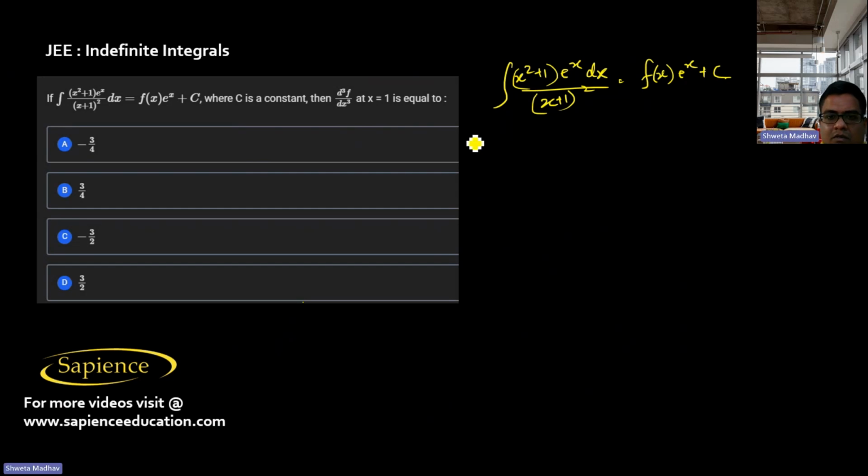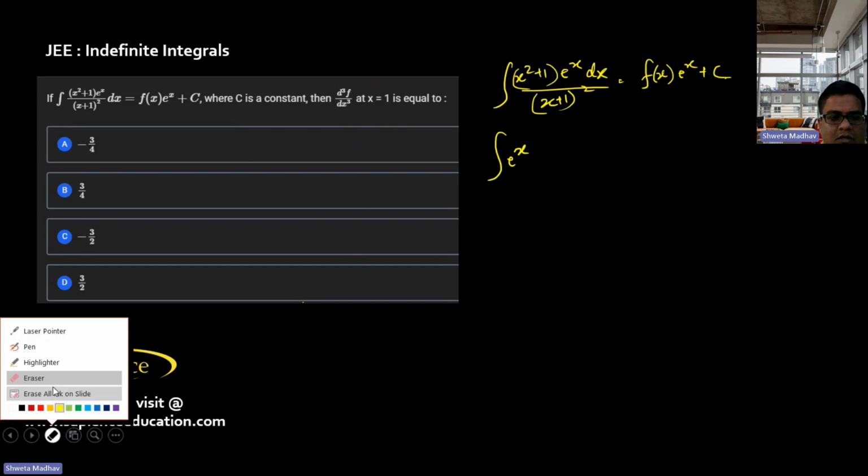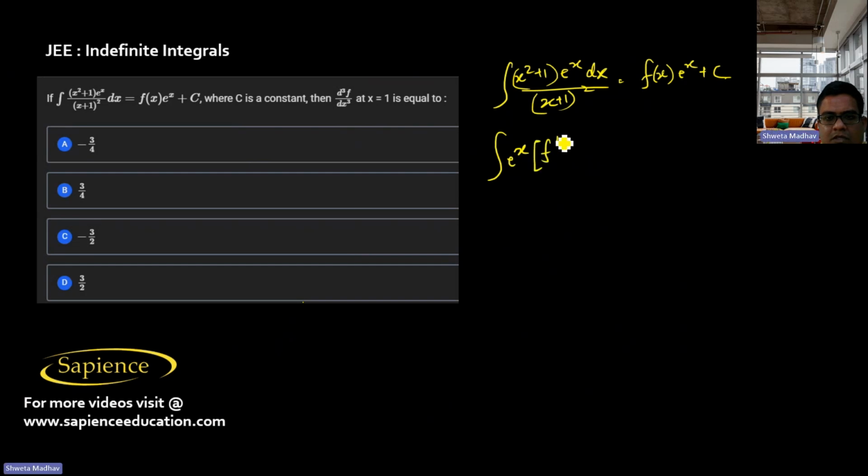So we know that the integral of e power x into (f dash x plus f of x) dx will be f of x into integral e power x dx.